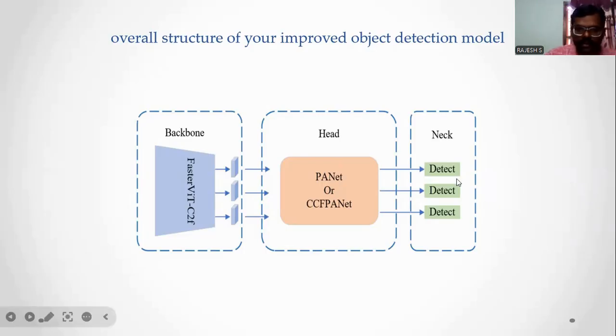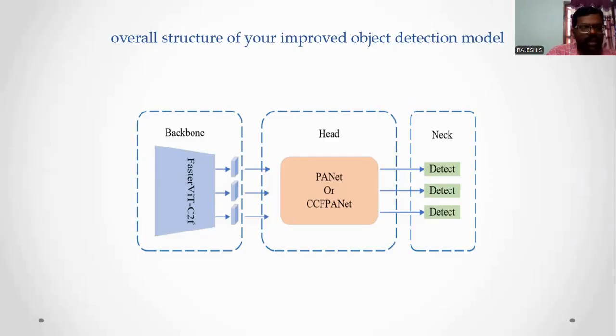Now coming to the third one, the neck. It produces the final object detections. Each arrow coming in produces a detection output.